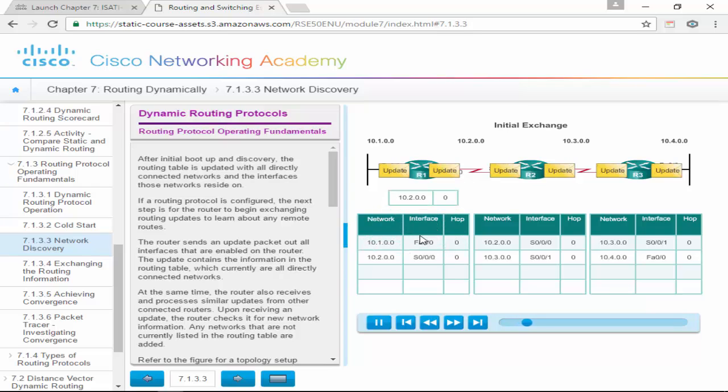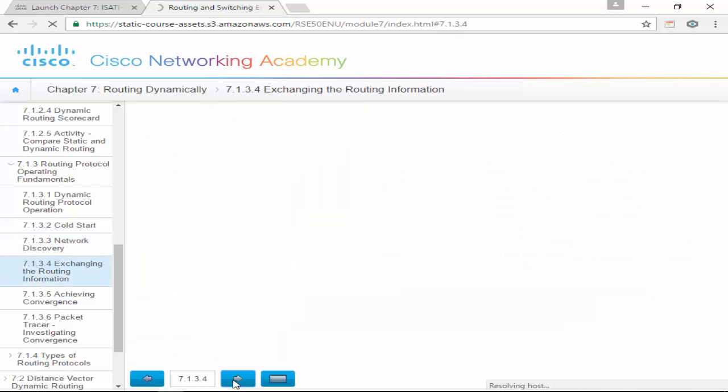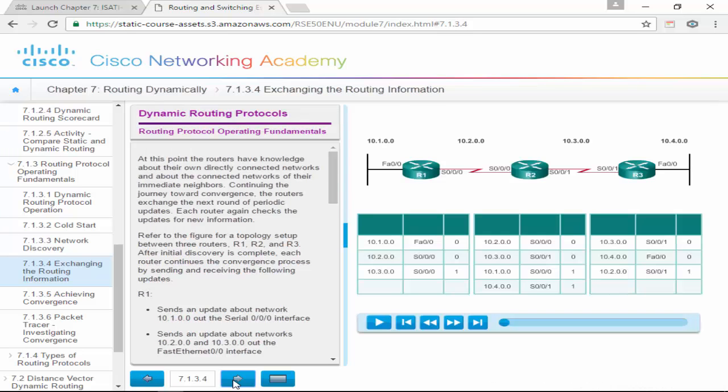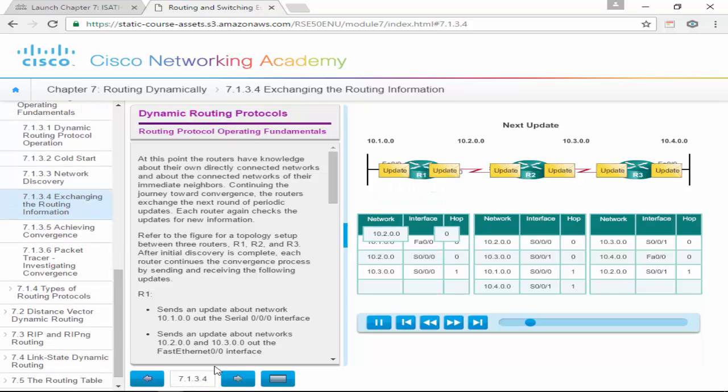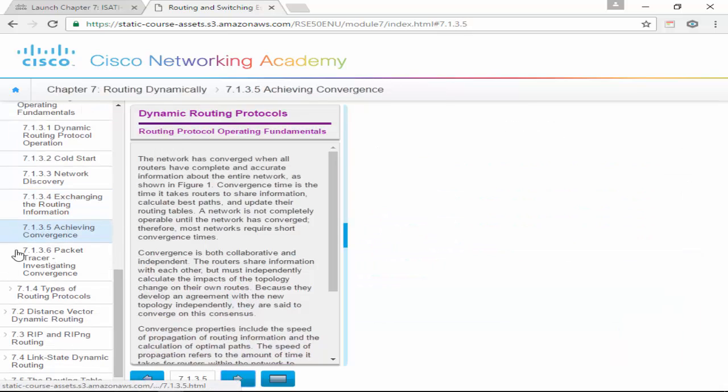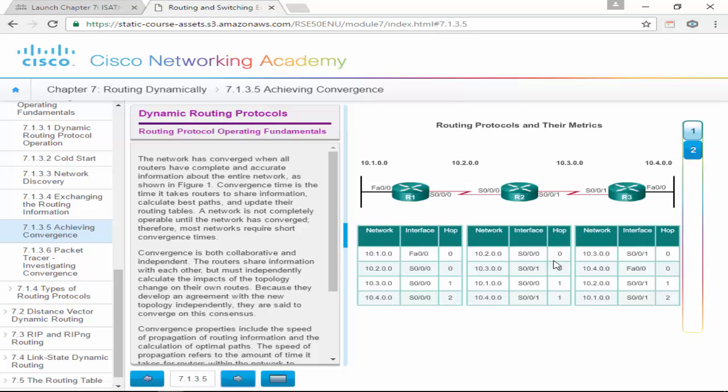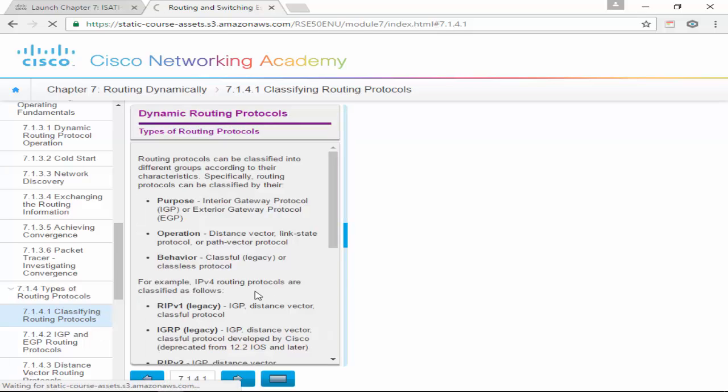That's how almost all these routing protocols basically work, at least the IGP ones. Anyways, so then they exchange more updates, more information, and then they converge, and converge means that we know all routes within the network, as I said before. So now we have types of routing protocols.